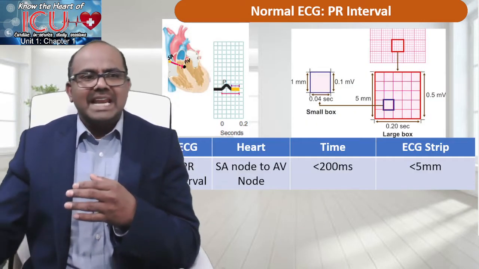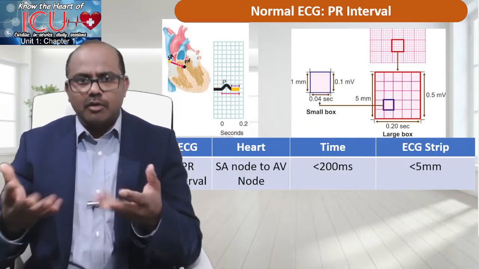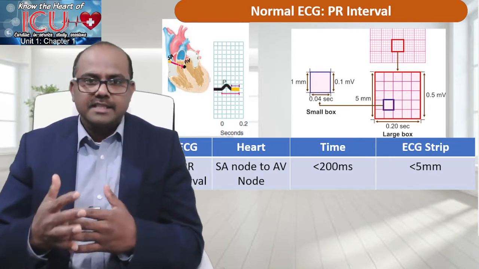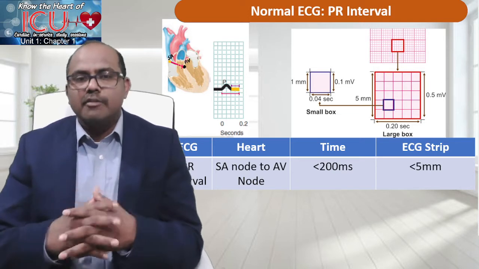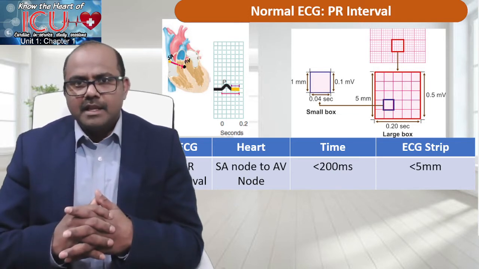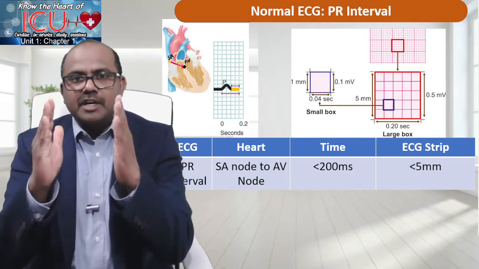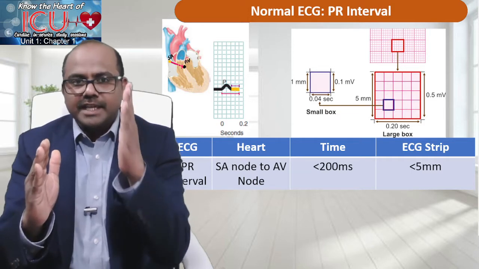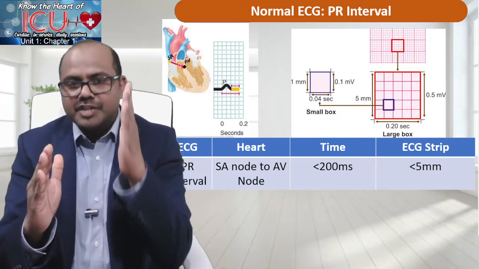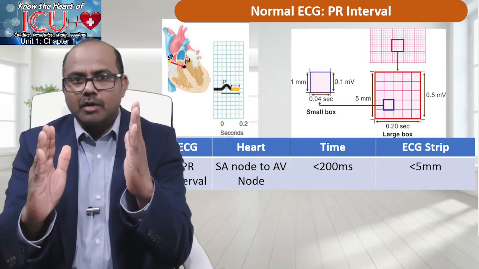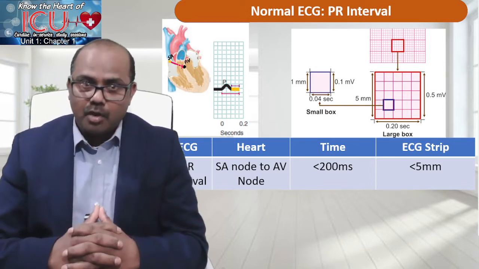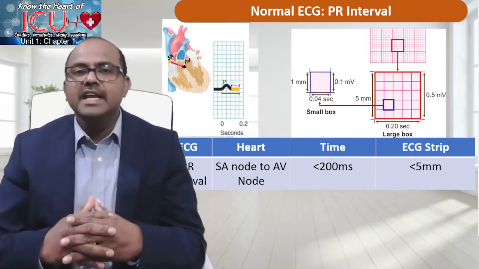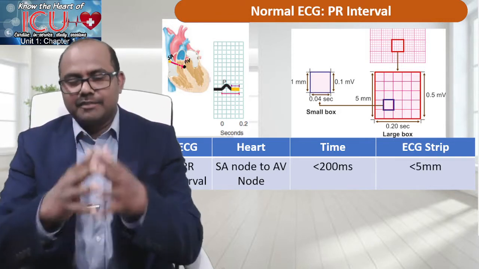Usually it should be less than 200 milliseconds, or on a graph paper less than 5 mm, one large square. So the PR interval represents the total time taken for an impulse to travel from the SA node to the AV node. If that prolongs, there come your AV blocks. First degree, second degree, and third degree AV blocks come in for this PR interval.